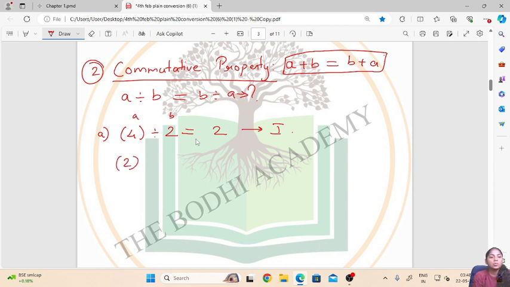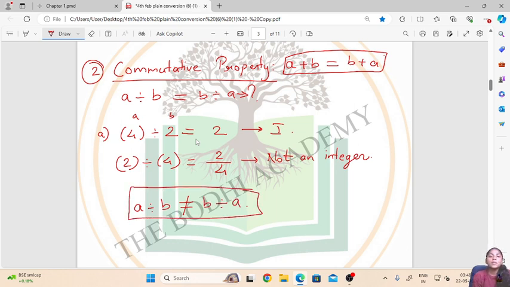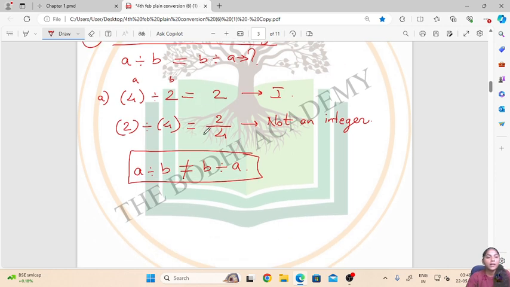We'll take 2 divided by 4. Now what this will be? It will be 2 by 4, which is not an integer. So here a divided by b is not equal to b divided by a. Correct? So from this example, this is what we are getting.